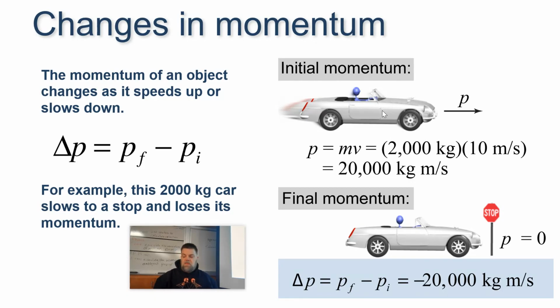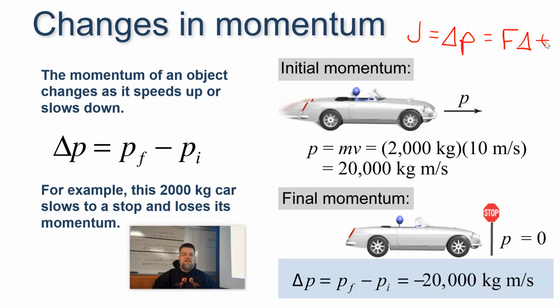And remember that the impulse is the change in momentum, which is also equal to the force times the time. So the more massive an object is, the more force you would need to slow it down. If that was a school bus at 5,000 kilograms, we'd need a lot more force to slow it down, and the change in momentum would be greater, right? And we need to figure out how long it takes for it to slow down. Also, another thing not to forget about is the velocity.